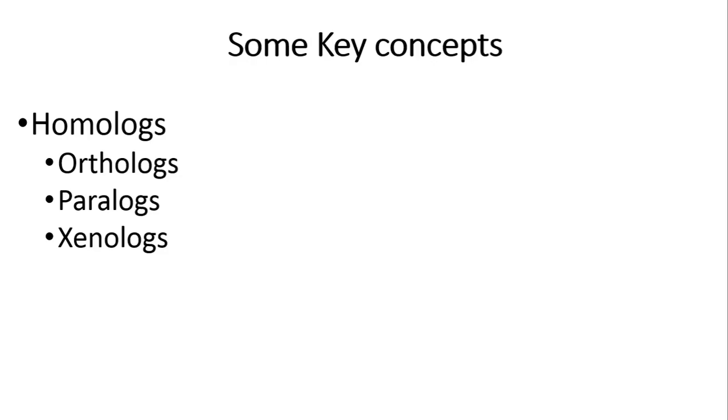First, let me introduce the concept of homology. You use homology as a term when you try to establish that any two protein sequences or gene sequences are evolutionarily related to each other.